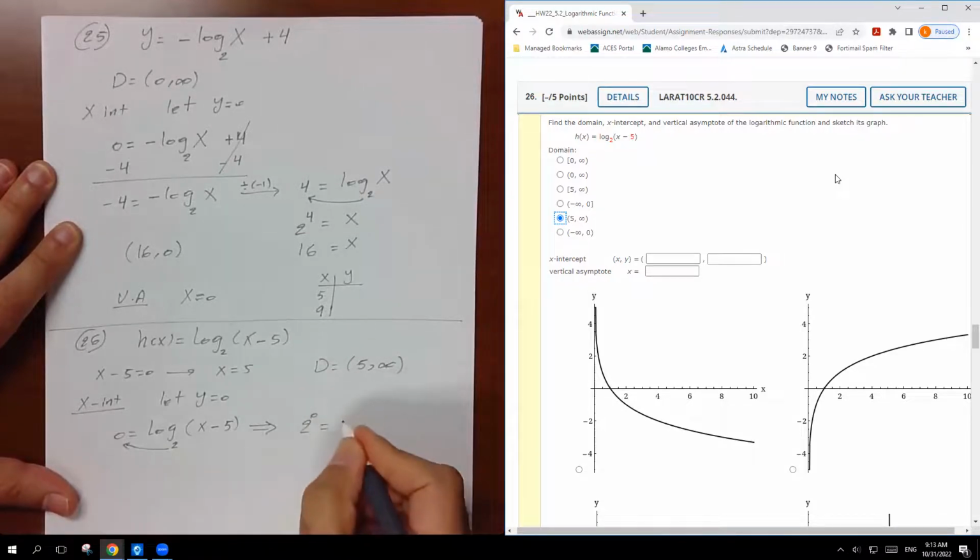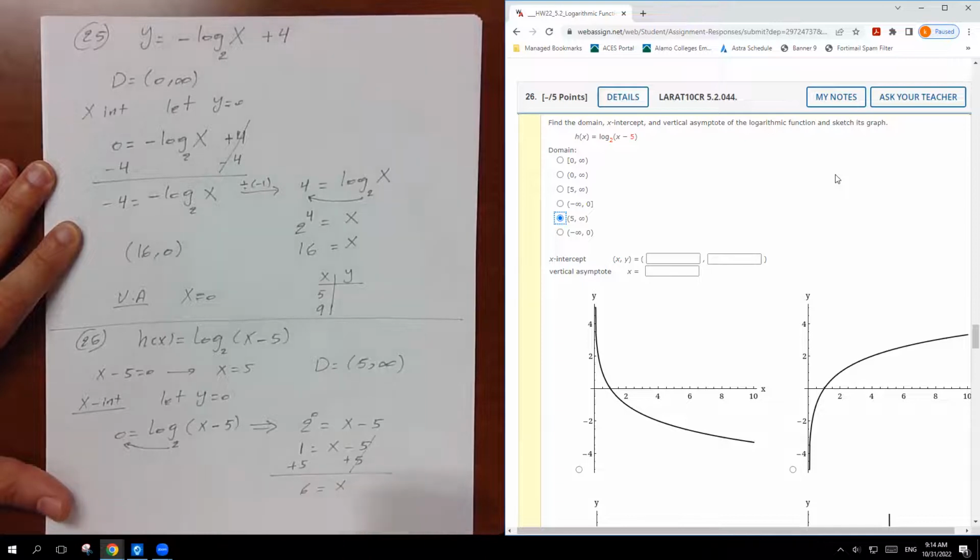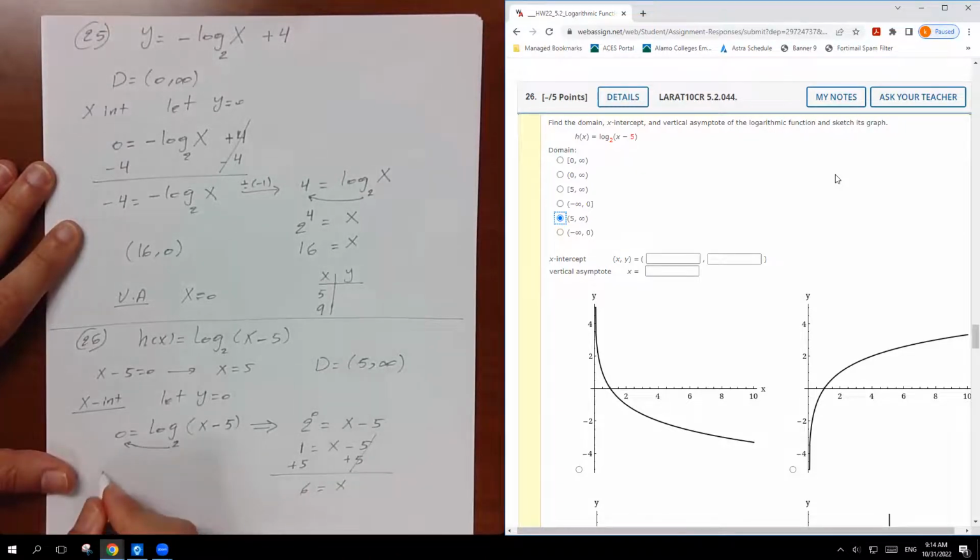The left here is just x minus 5, because we're going to cancel the log. 2 to the power 0 equals 1. That means x minus 5 equals 1. Then you're going to add 5 to both sides. That means x is going to be equal to 6. So our x-intercept is going to be 6 and 0.